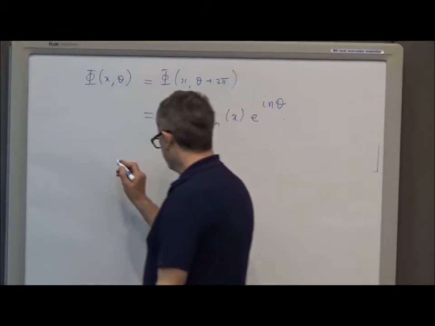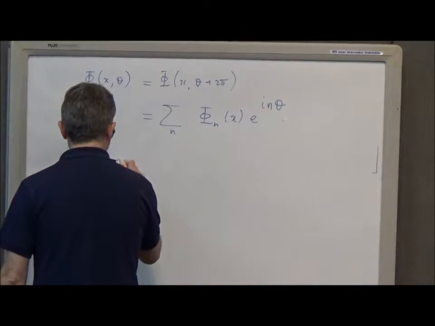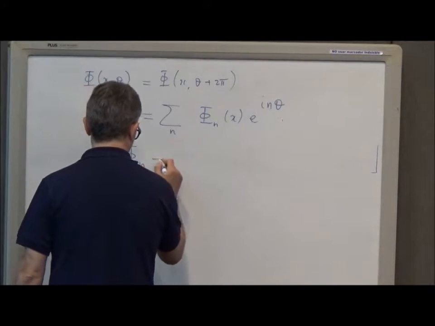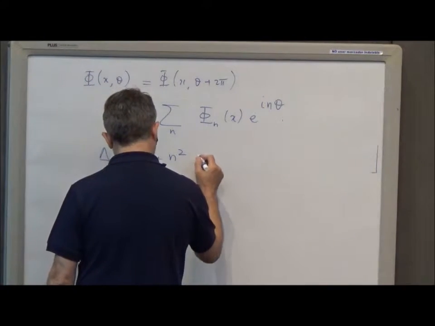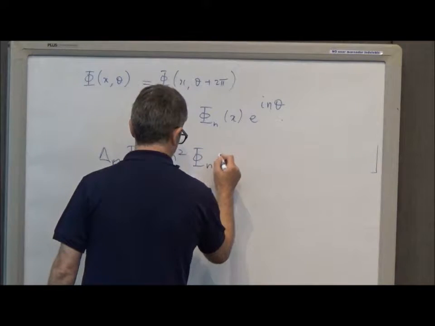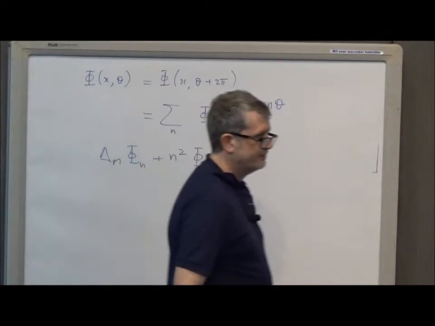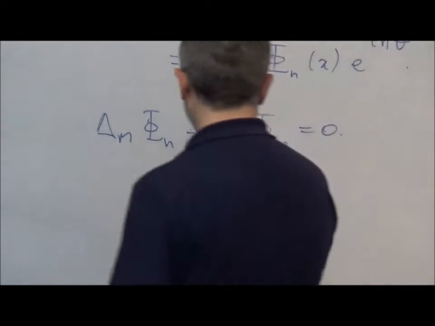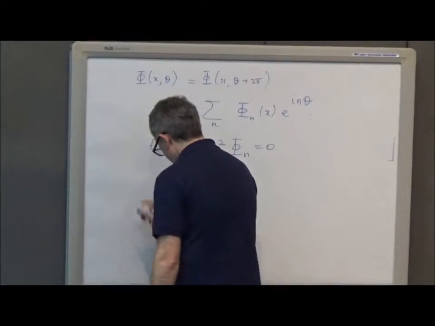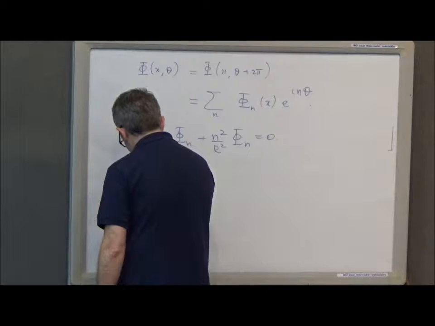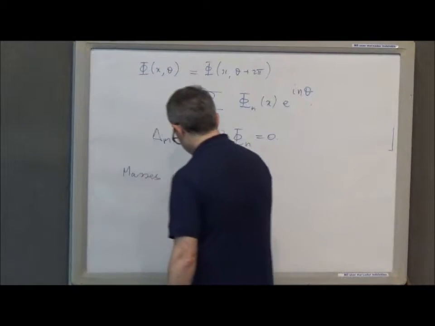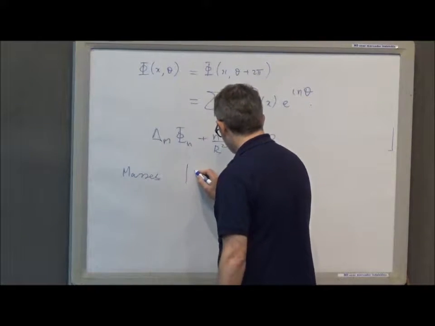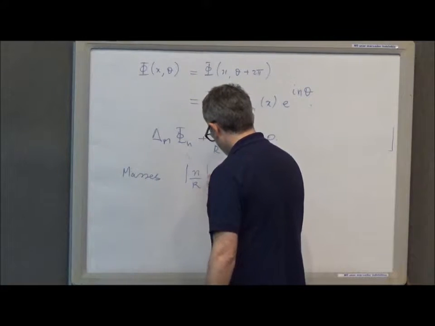So for every mode, we get a nice equation, which is that. And that means that we have masses for each mode which go like n over r.